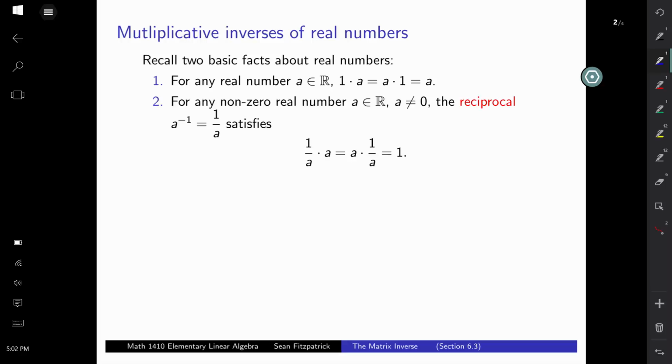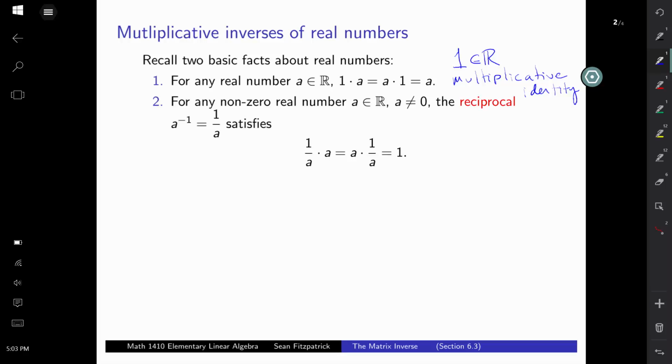First of all, there's this distinguished element, the real number 1, which is the so-called multiplicative identity, in the sense that when you multiply by 1, the result is identical to what you started with.